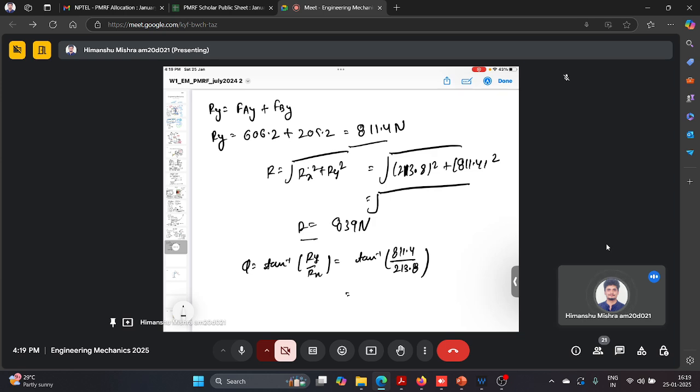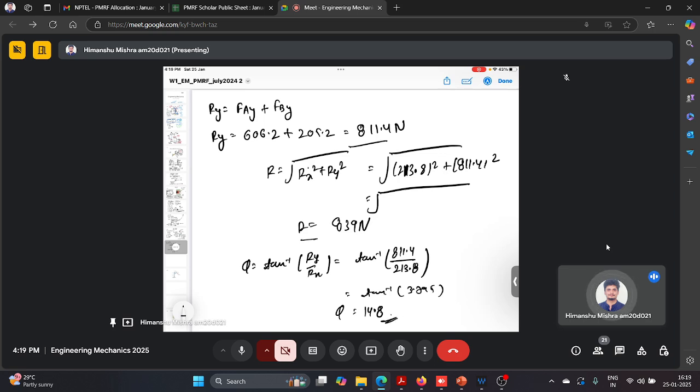So it becomes 811.4 divided by 213.8, which is 3.795, and the angle becomes 14.8.